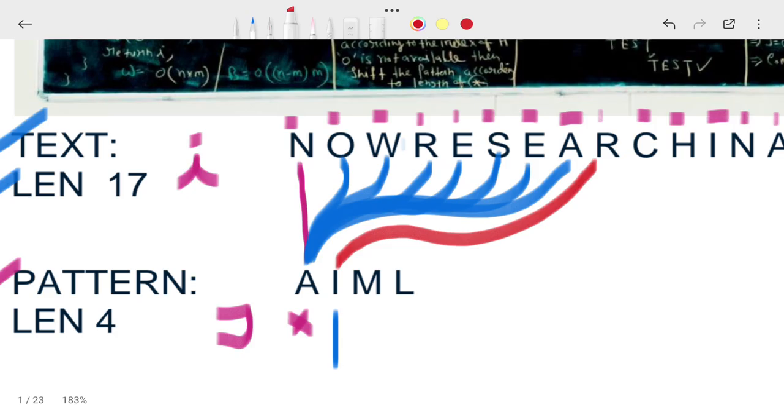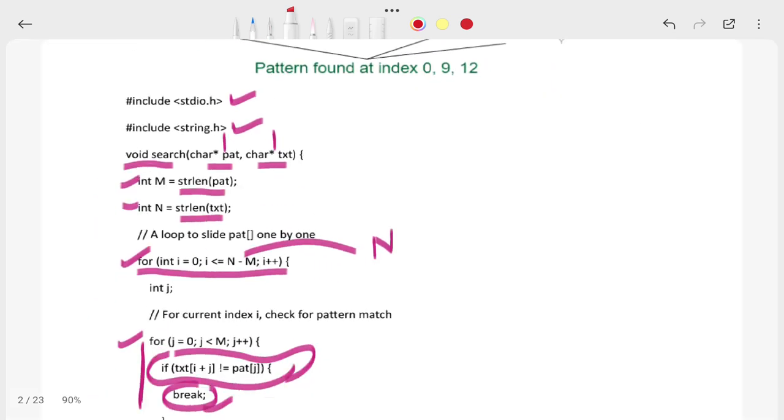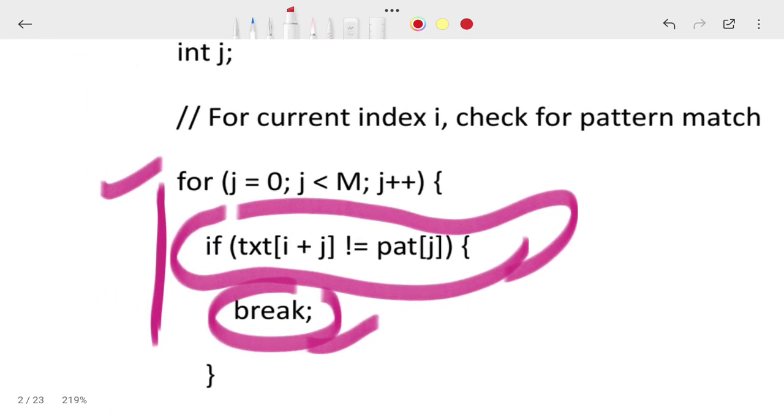Next i, because what we have written: if j is matching, suppose i is equal to 5. So 5 plus 0 is equal to pattern 0? Yes, because a and a are matching.